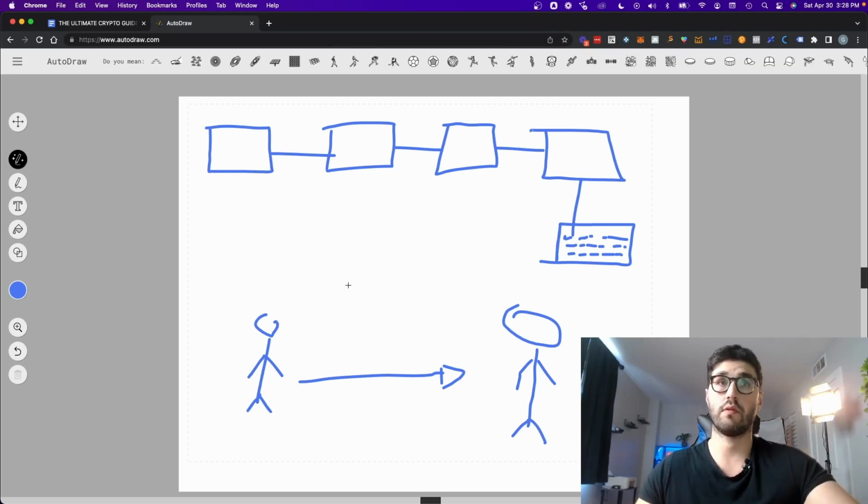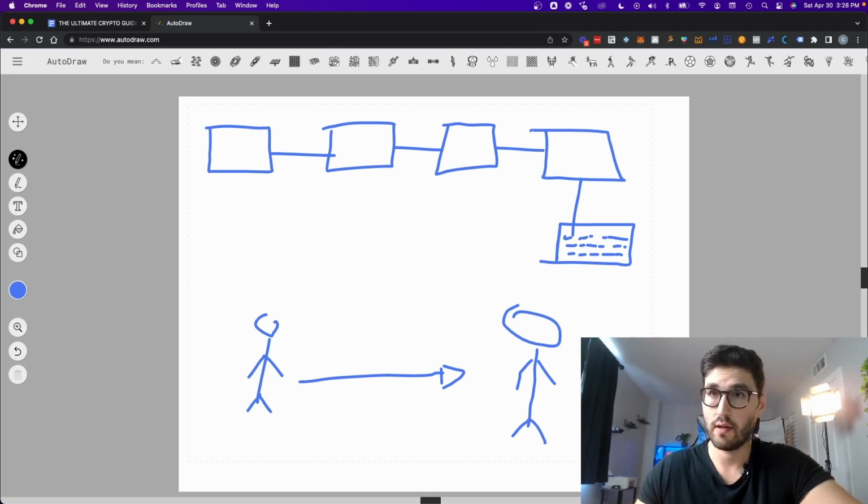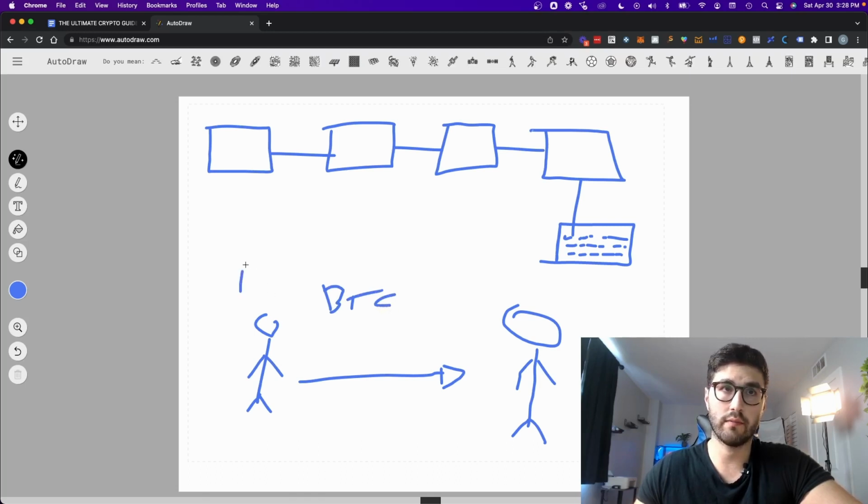Let's say that I want to use Bitcoin to send money to Jack. Let's call this Jack. So how can this happen? I have Bitcoin, and I have a wallet that has Bitcoin as well, and I want to send it to Jack.